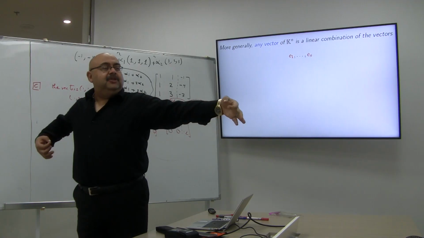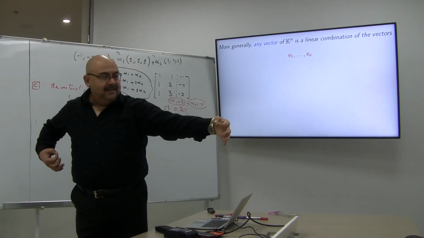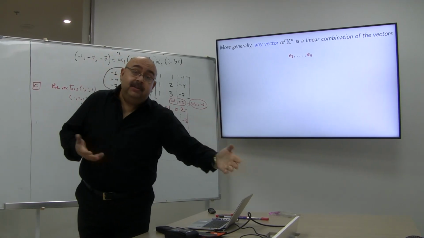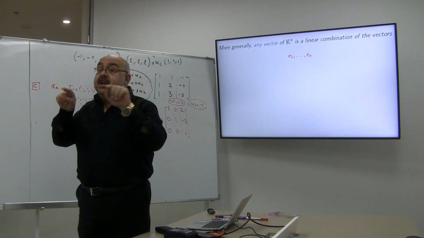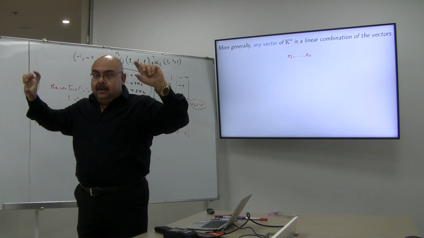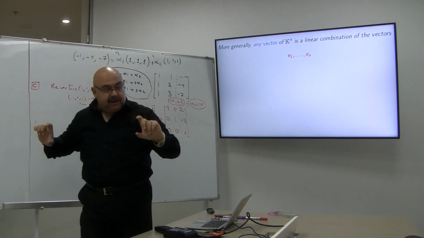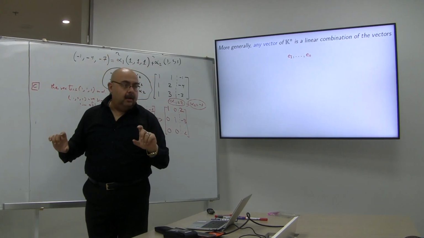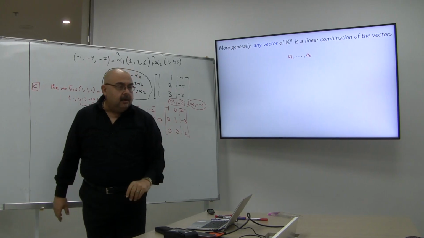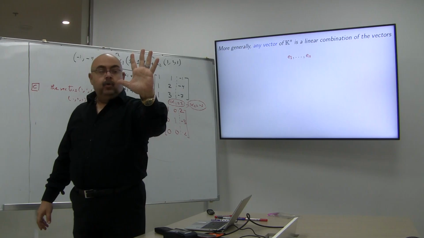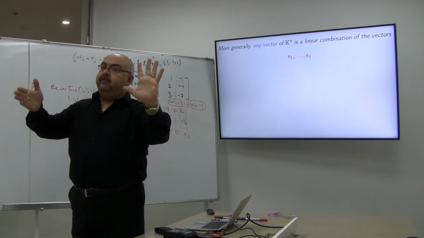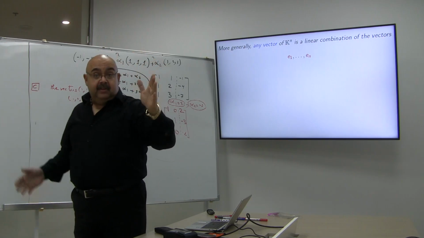And I can have vectors in n dimensions, which contain n components, as a generalization. If I have a vector in n dimensions, it can be a linear combination of the canonical vectors of this n dimension. So if I'm talking about a vector in 5 dimensions, let's say 1, 2, 3, 4, and 5, these are the coordinates.